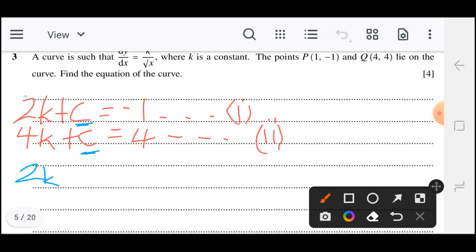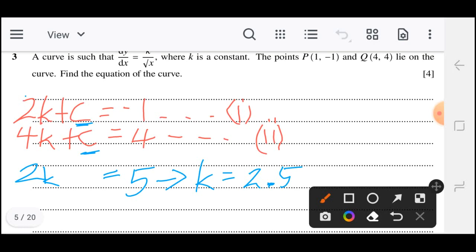We can say c minus c, we get 0. That eliminates c from the equation. Then we can say 4 minus 1 to get 5. This gives us the value of k. So k equals 2.5. That's the value of k.